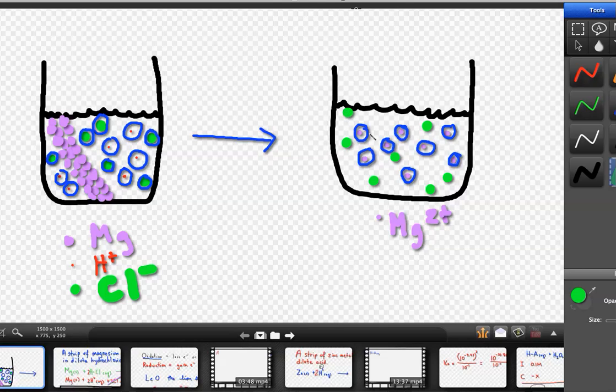So since I have 8 magnesiums, I need 16 chlorides. All the chlorides are going to be surrounded by water as well.